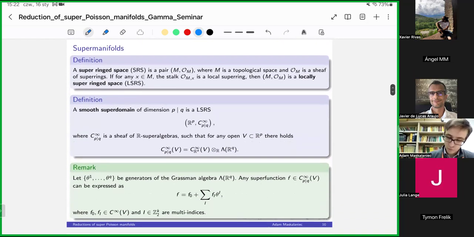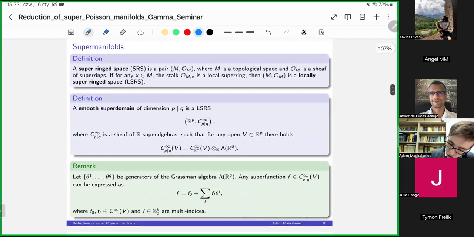So now we may define supermanifolds in this language. A superringed space is a topological space M together with a sheaf calligraphic O with subscript M. And now our sheaf is a sheaf of superrings. So O_M assigns to each open subset in M a superring, but not a usual commutative ring.